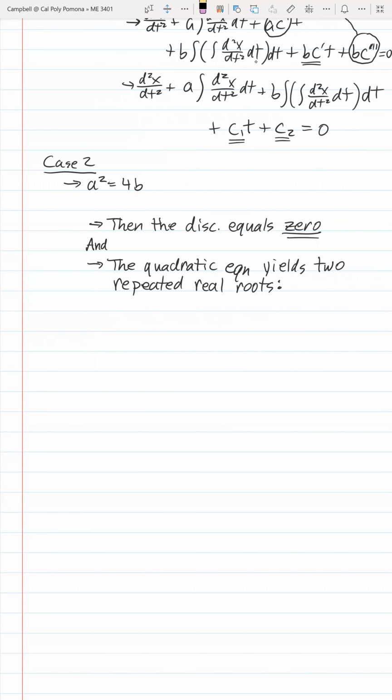And so going ahead and representing that using the specific form of the quadratic equation that I presented before for our case of two distinct real roots, we have our -1/2 times a plus minus the quantity that involved the radical, and consequently the discriminant.